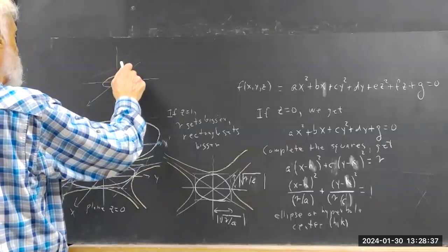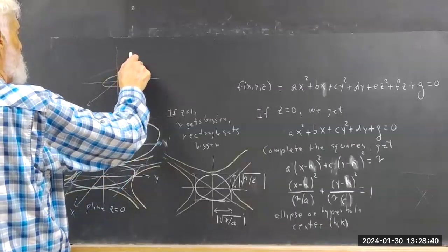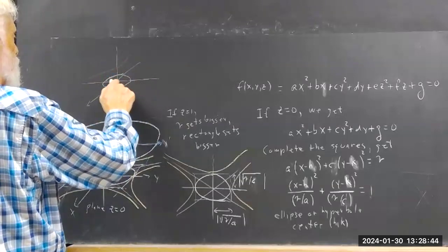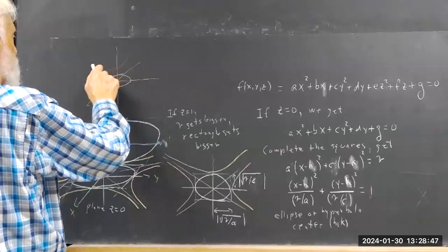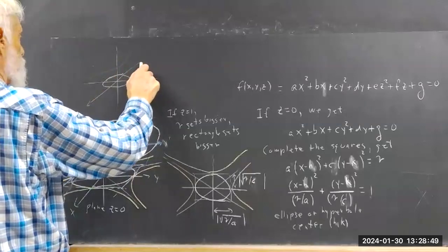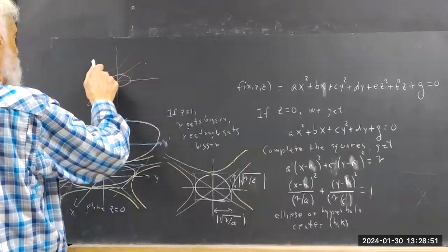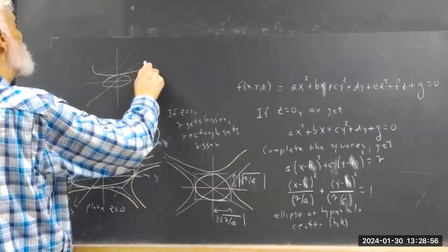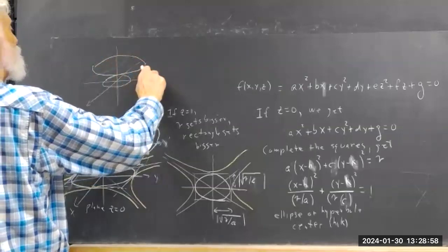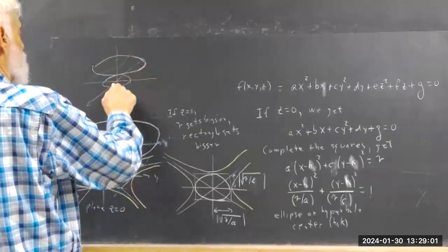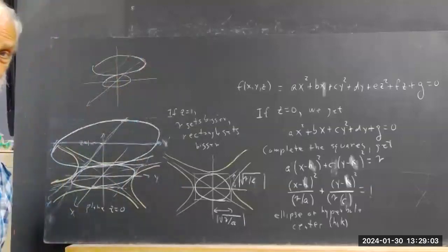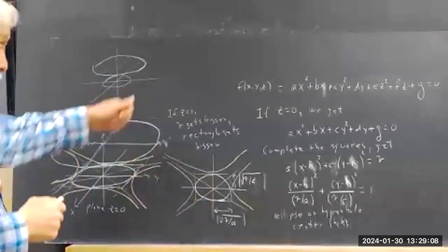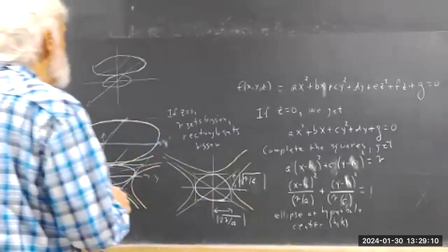You've got ellipses in this plane. But you get the idea. Ellipse here, right? Maybe even a circle in each place. Maybe the ellipse is longer in this direction or longer in that direction. Okay.